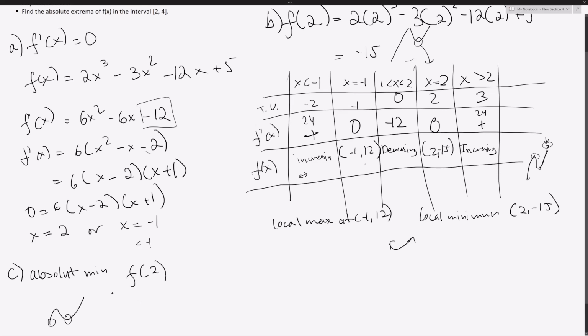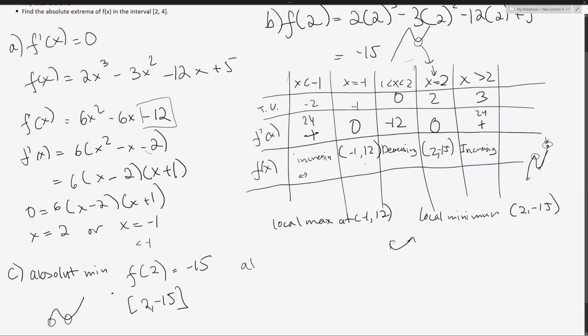We did that before, right? And we got -15. So luckily for us, we were actually looking at our region right here. This is the starting point, and everything else beyond it is increasing. So therefore, our absolute minimum will have to be 2, -15.